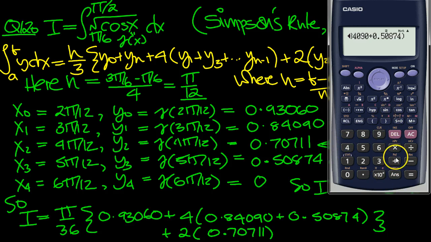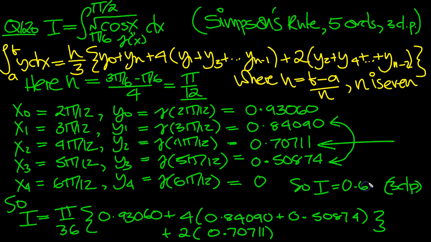Close that bracket, plus 2 times 0.70711, and then close the bracket at the end that we need. 0.6757, so it's 0.676, and that was to 3 decimal places.